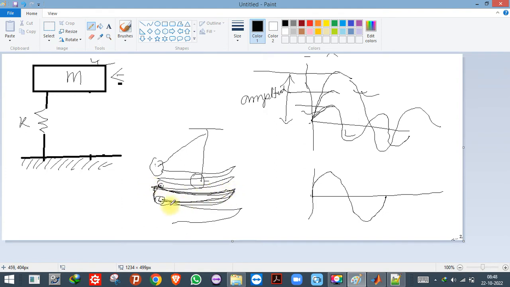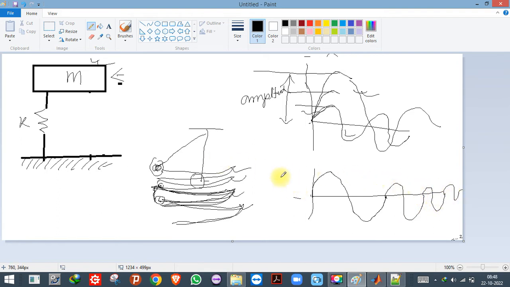Let's say it has performed 4 cycles in 1 second. You have moved this at such a faster rate that in 1 second it has come 4 times to its original position. That means it has performed 4 cycles. First cycle, second cycle, third cycle, and fourth cycle.